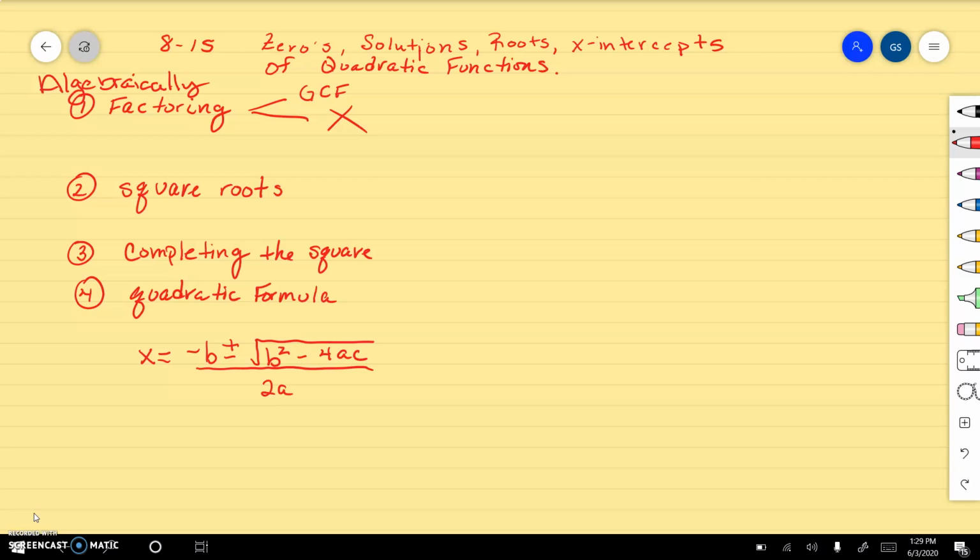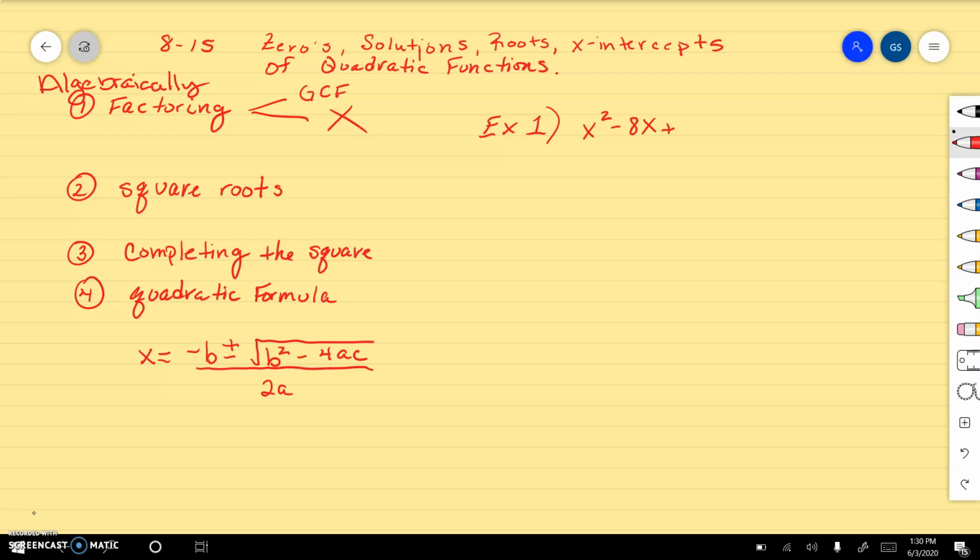Whoa, that's messy. Okay, so I'm going to give you an example. Example 1. If we have an equation that says x squared minus x plus 7 equals 0, well, the minute I see x squared, I know that it is a quadratic equation.